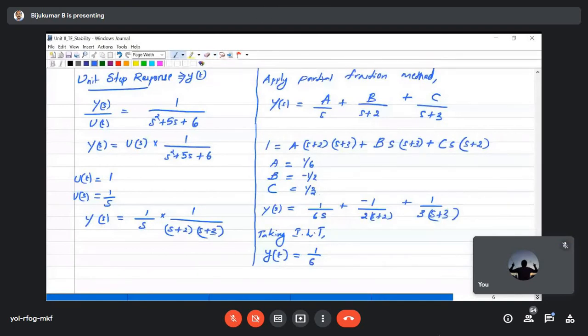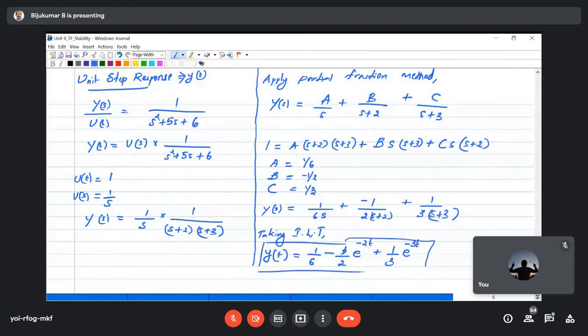So we can write minus 1/2 e^(-2t) plus 1/3 e^(-3t). So this is the unit step response of this particular system. Unit step response.